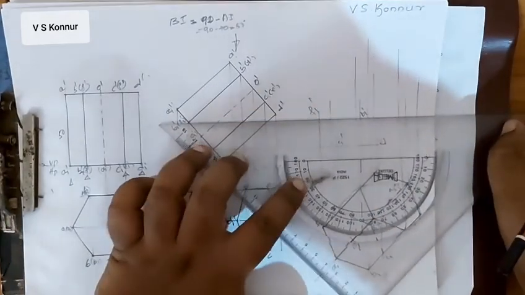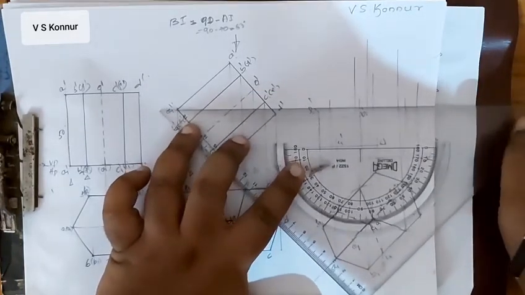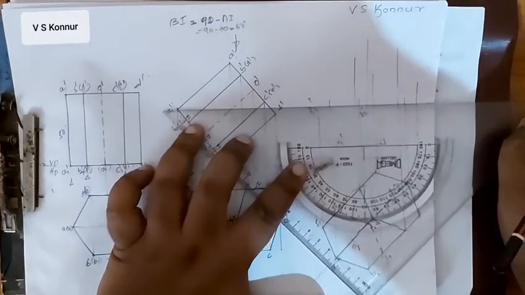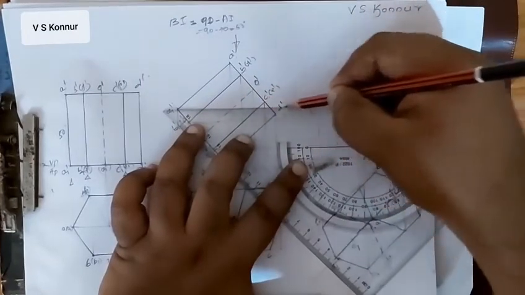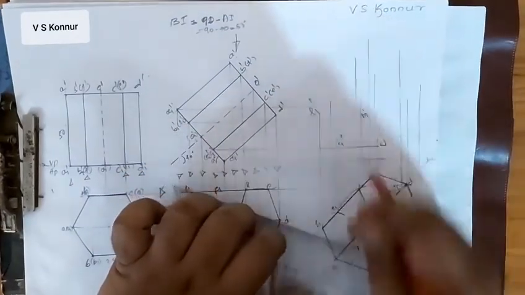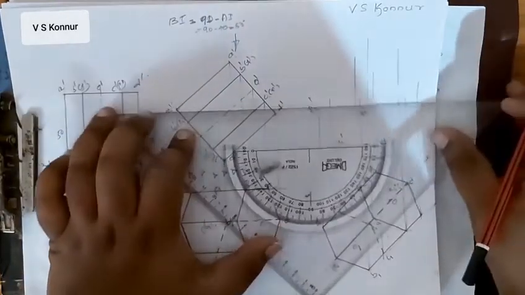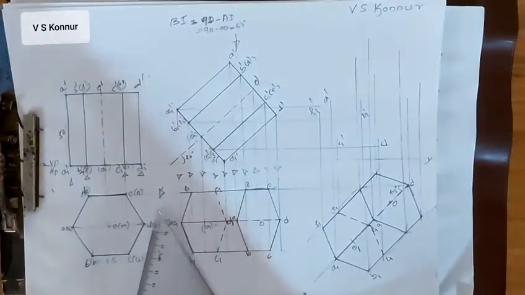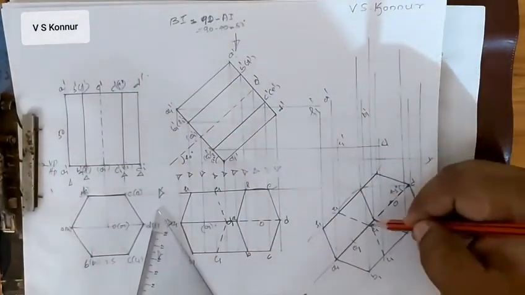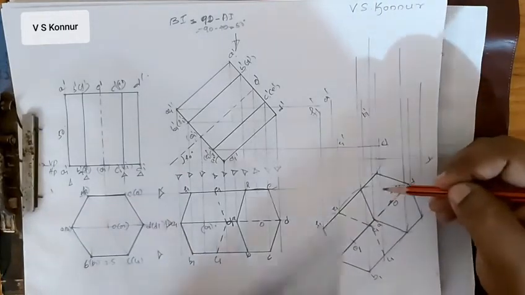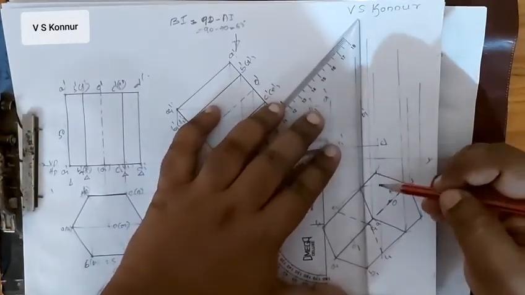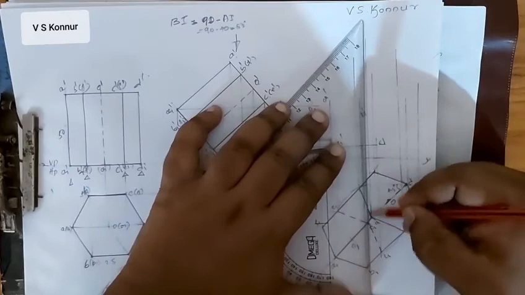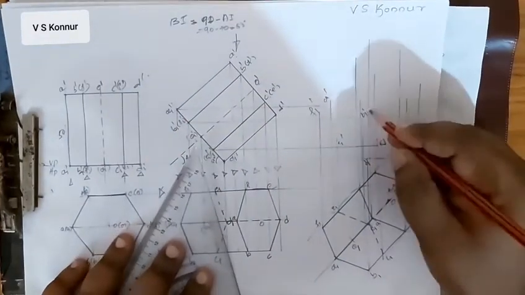B1 dash. The same way we'll get A1 dash here. A1 dash, B1 dash, C1 dash and D1 dash. Here we'll get D1 dash.